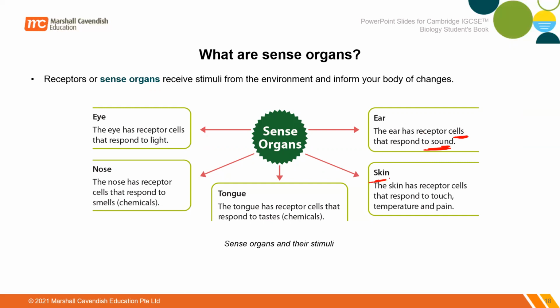We have some receptor cells to respond to pain or temperature. We have receptor cells in our eyes, the rods and cones, to detect and sense the light, sending the message as electrical impulses to the optic nerve and the brain.